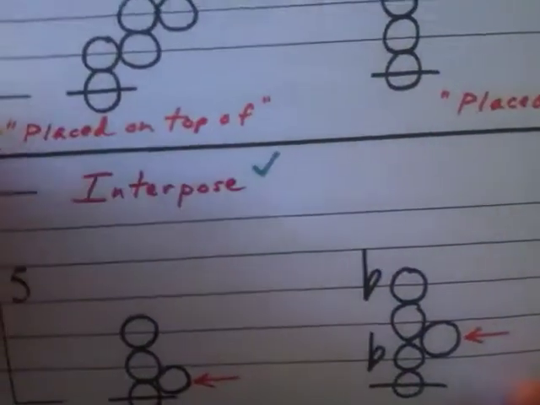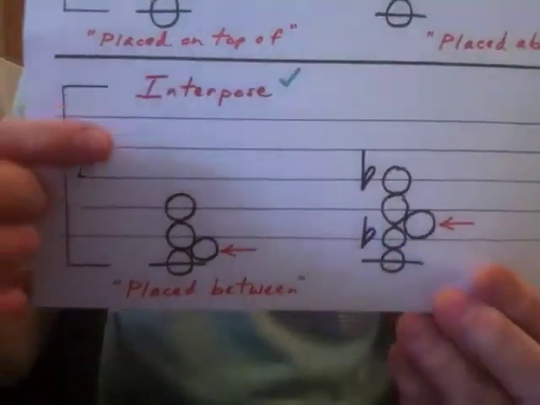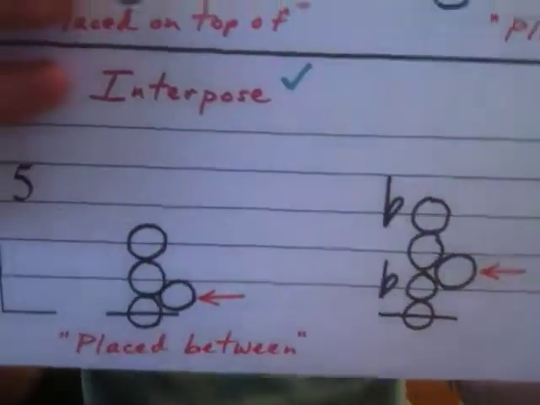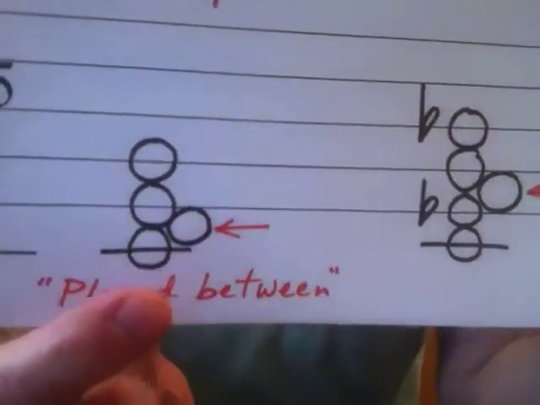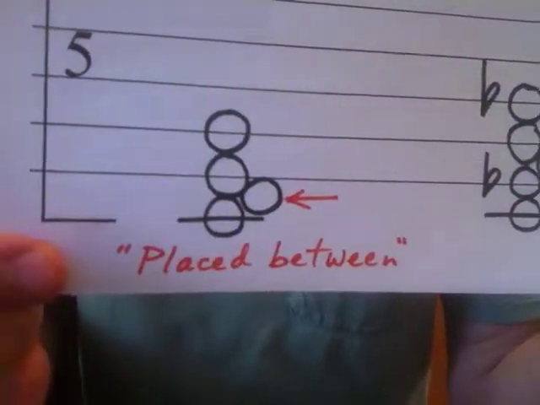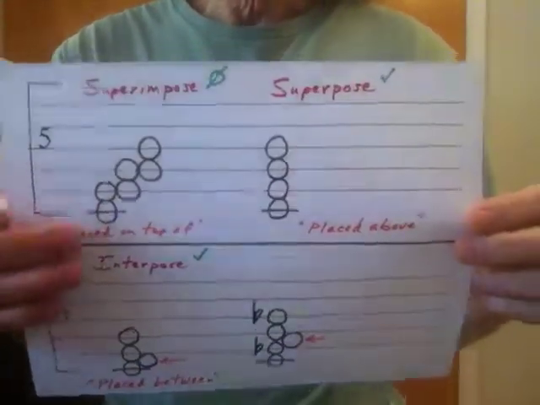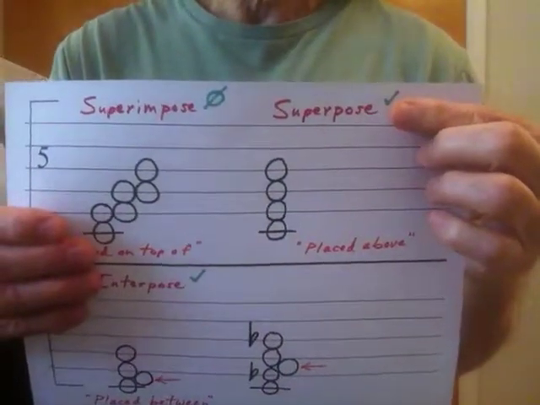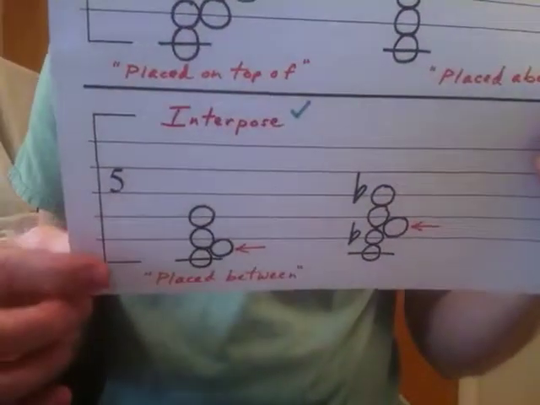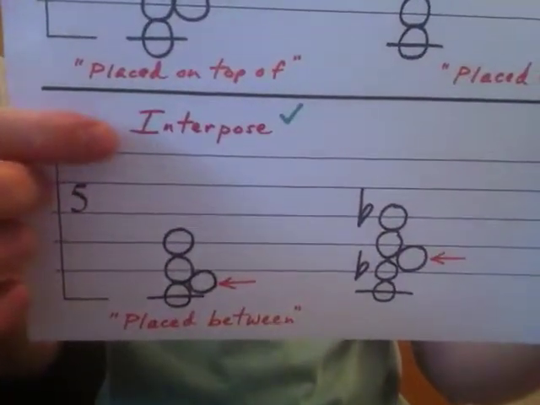That means we would interpose. We place a note between. It's hard for me to see this on this tiny phone. So in my system, we superpose notes, and sometimes if we want to, we interpose.